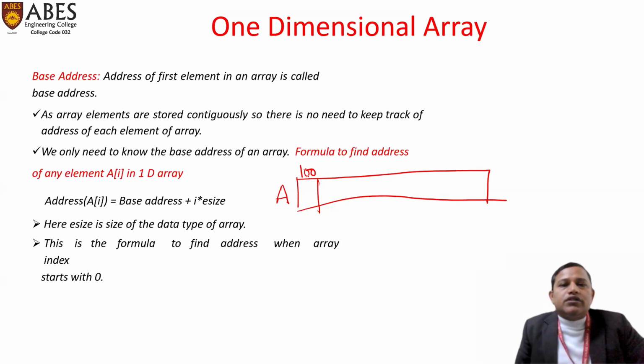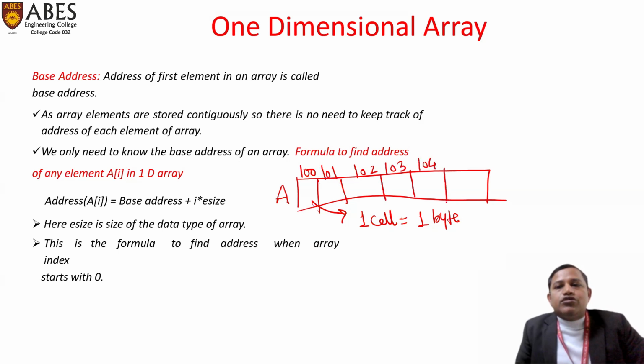We have supposed it; it is a hexadecimal number. And if we assume that one cell takes 1 byte of space, then the next address will be 101, and similarly it will occupy contiguous memory locations. This is how an array stores its elements in memory.